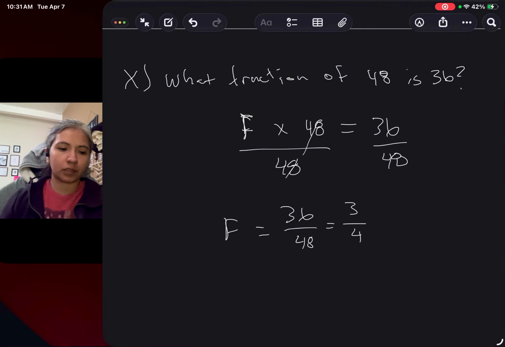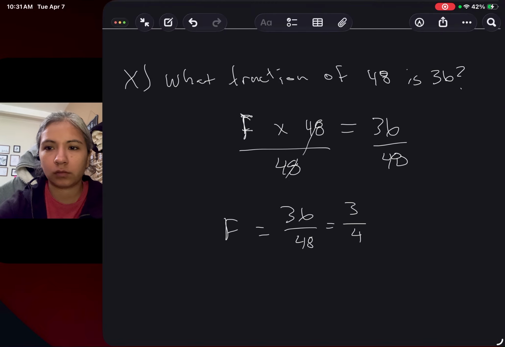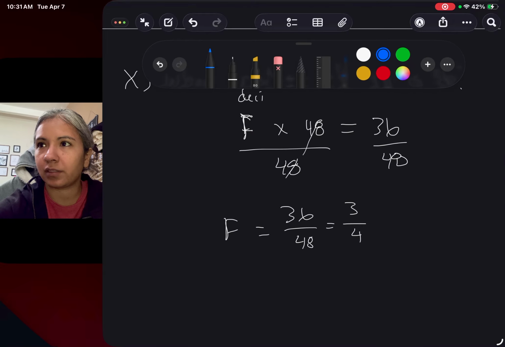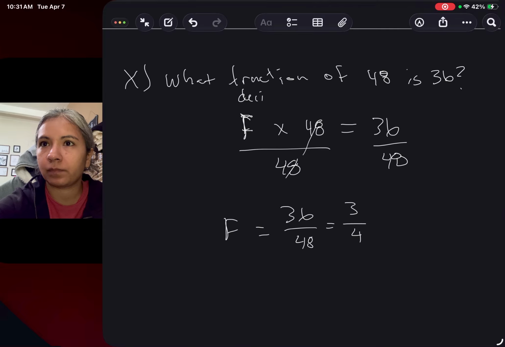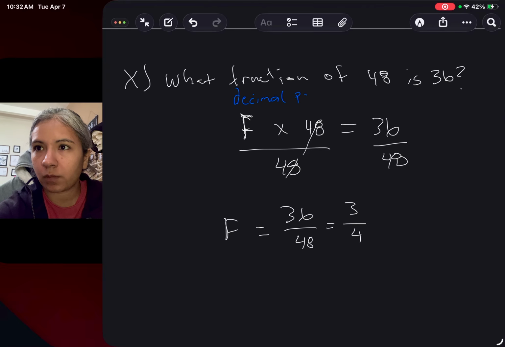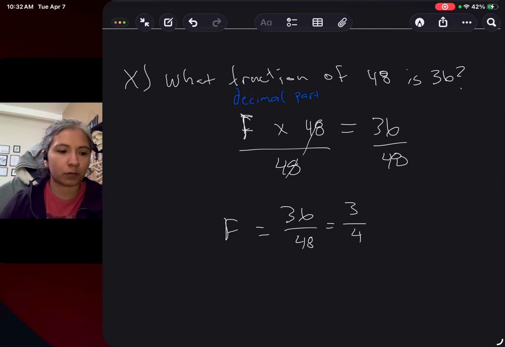But if the question was, what is the decimal part, so if we change this to what decimal, actually, let me do this. Will it still be blue? Yes: decimal part of 48 is 36.